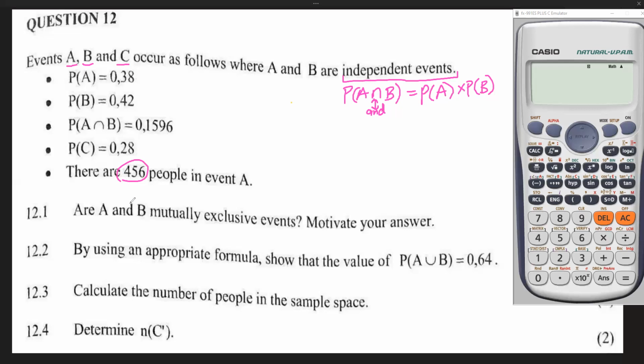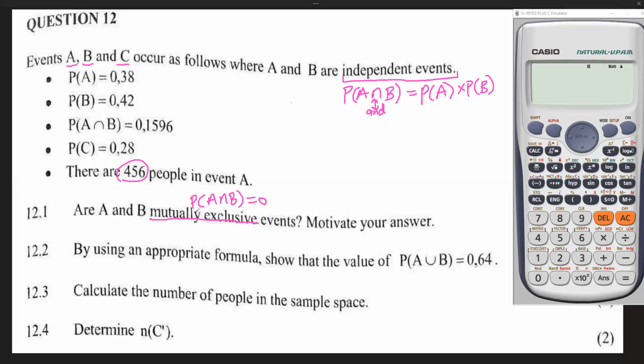Now this question says, are events A and B mutually exclusive? They're asking us if they are mutually exclusive. Remember, the mutually exclusive formula is this: the probability of A and B must be equal to 0, exactly 0, if they are mutually exclusive. But if I check here, the probability of A and B is not equal to 0.